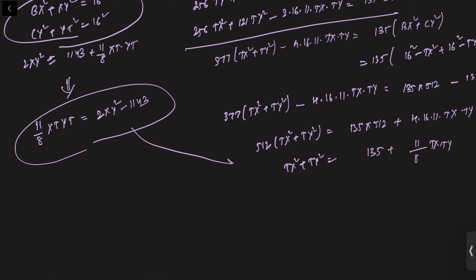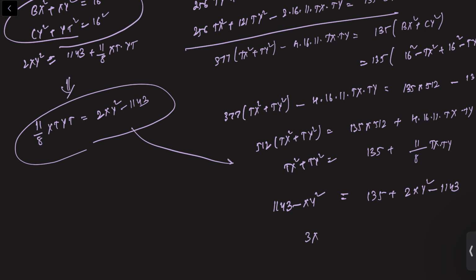So we have first xy² minus 1143, or 1143 minus xy², because the sum of these squares is 1143, and that equals 135 plus 2xy² minus 1143.